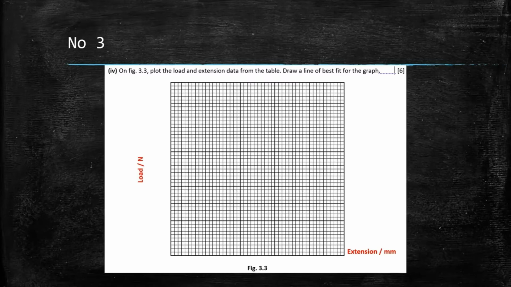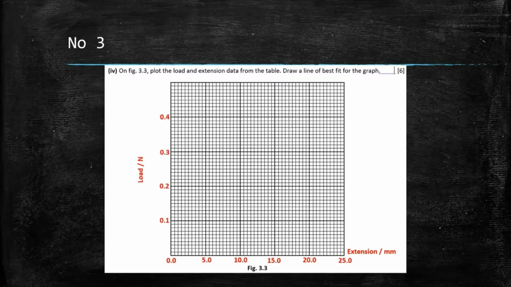I choose the same scale as before. For the extension, I divide it into every 5 mm. As for the load, I divide it into 0.1 Newton.